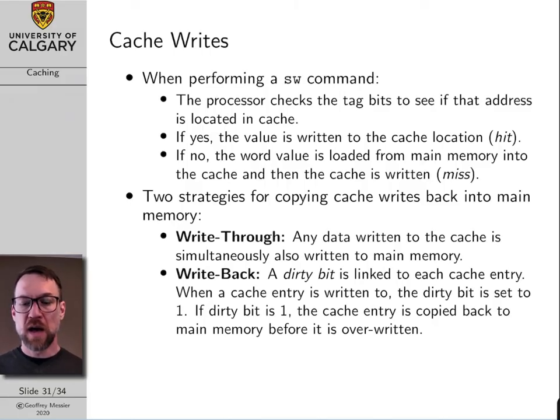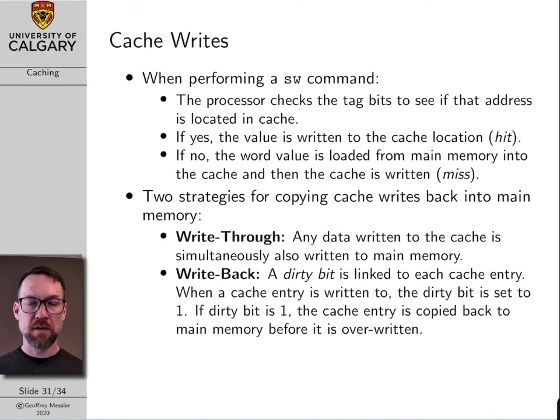So again, for a hit, we write directly to the cache. For a miss, we read the desired values into the cache, just like we did with load word, and then we modify the value within the cache for doing our store word.